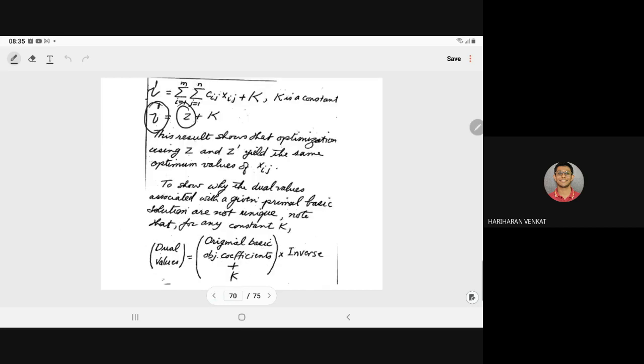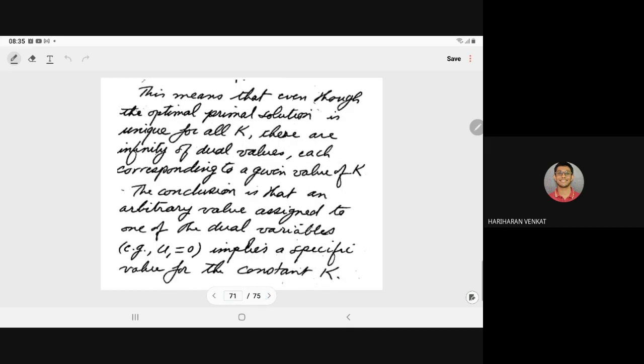Here we can have infinitely many values of the dual variable depending on the value of k, but the optimal solution is not affected because we have the unique inverse. So the conclusion is that an arbitrary value can be assigned to any one dual variable, any ui or vj. Just for convention we take u1 equal to 0 as a special case for a particular value of k.